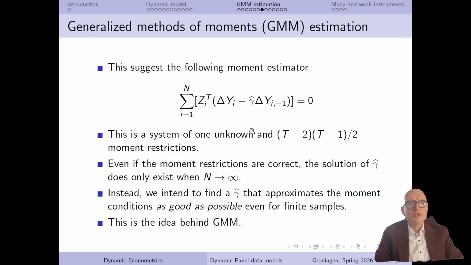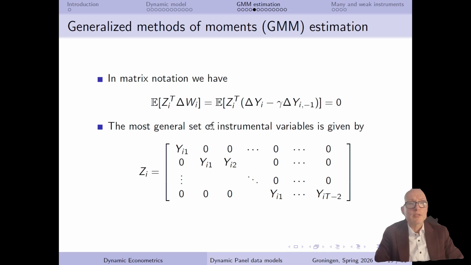And therefore we should take into account that even in the case that the moment restrictions are going to be correct, so even if these moment restrictions that we have over here are theoretically correct, and they are of course correct on the assumptions that I've made so far. Take into account that we have made a couple of different assumptions, for example that WIT is going to be uncorrelated to VI.